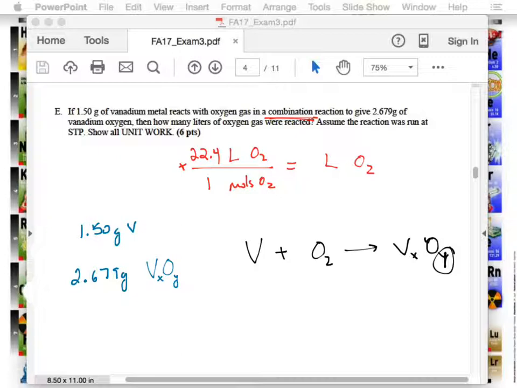Okay, here's a hint. Let's reorganize some of our information. We had 1.50 grams of vanadium, and we made 2.679 grams of the vanadium oxygen compound. Chapter 3.